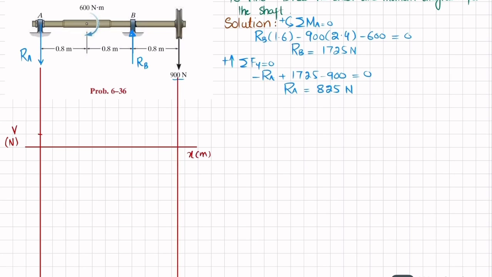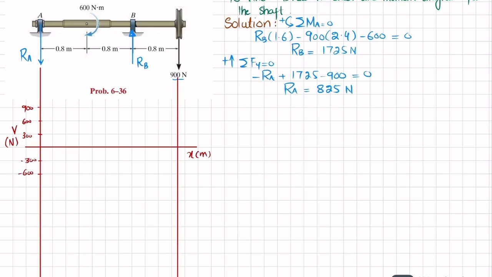Let one division be equal to 200. Okay, we are going to convert it into 300 due to limitation of space. So 300, 600, and this will be 900. You can select it as per your own scale. So minus 300, minus 600, and so on.